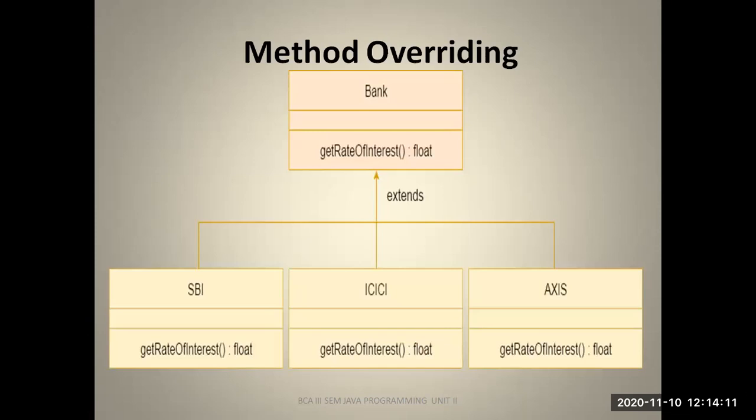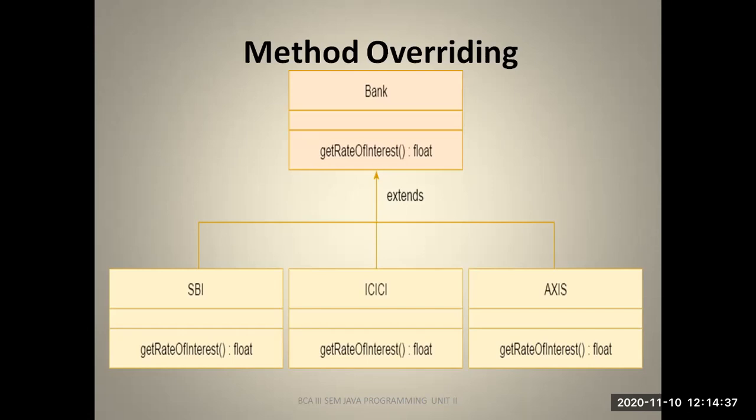This is a real-time example. See, there are different types of banks. We have a superclass called Bank. Bank has one method called rate of interest. Bank is a superclass which contains a method called getRateOfInterest.